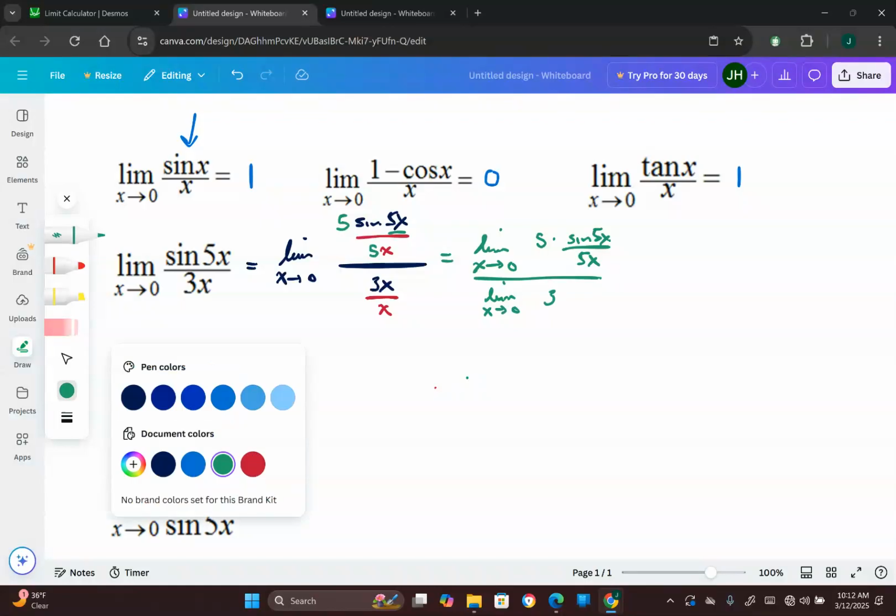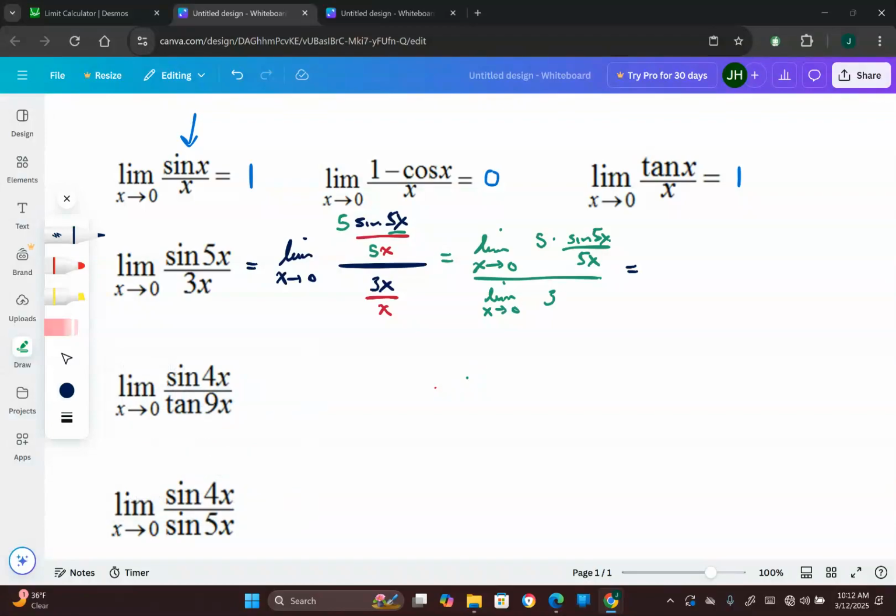So I already know that the bottom limit is going to be 3. The top, there is a property that you've discussed in your classes, or you've seen in one of my videos, where you can bring this constant out front. A constant times a function ends up being the constant times the limit. So I can take that 5 out front here. And I've got sine of 5x over 5x on the top here.